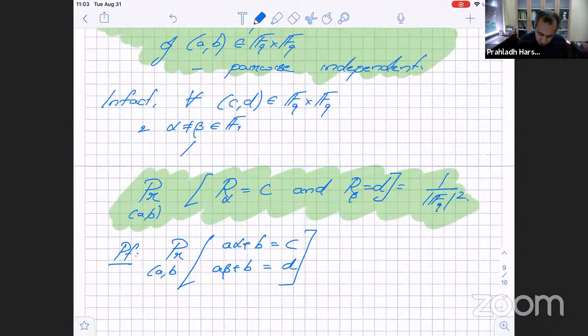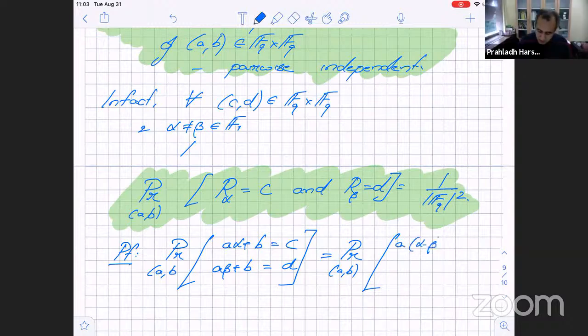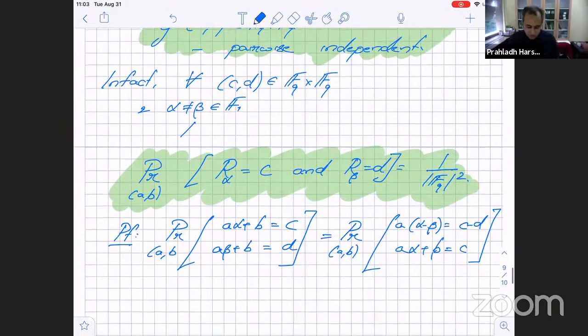Notice this is the same as the probability that A times alpha minus beta equals C minus D, and A alpha plus B equals C.